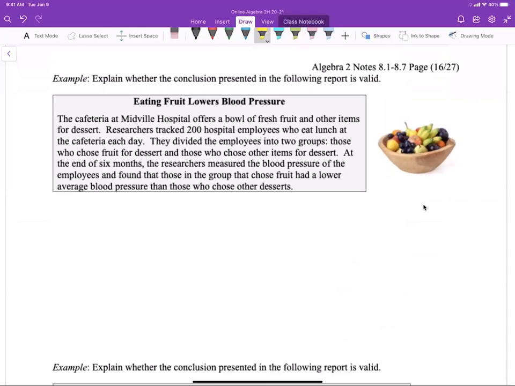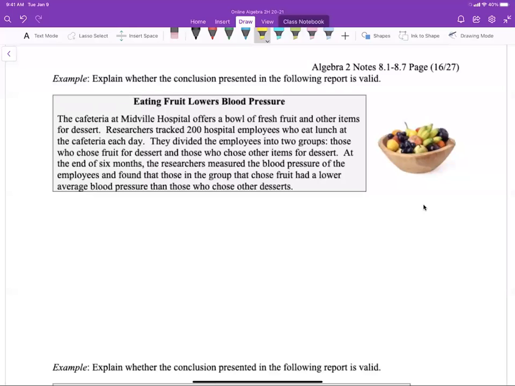Explain whether the conclusion presented in the following report is valid. So eating fruit lowers blood pressure. That's a claim that's made. The cafeteria at Midville Hospital offers a bowl of fresh fruit and other items for dessert. Researchers tracked 200 hospital employees who eat lunch at the cafeteria each day.